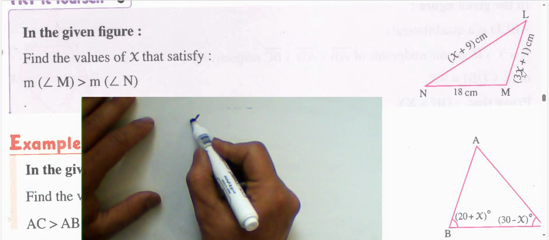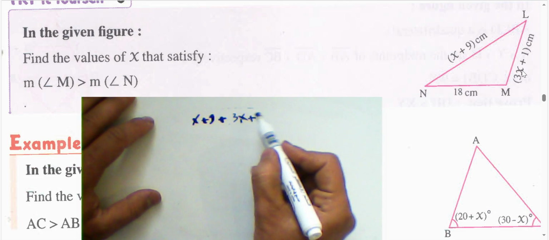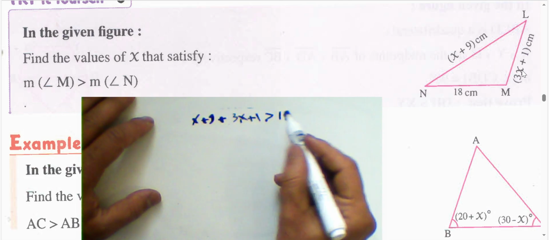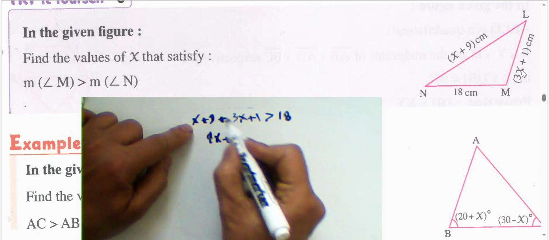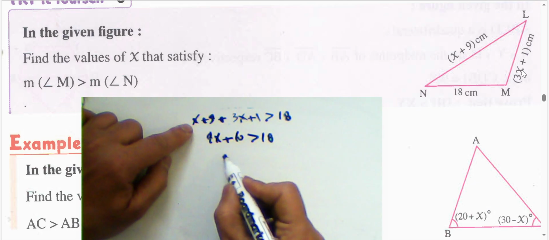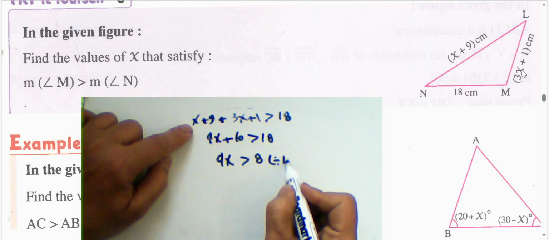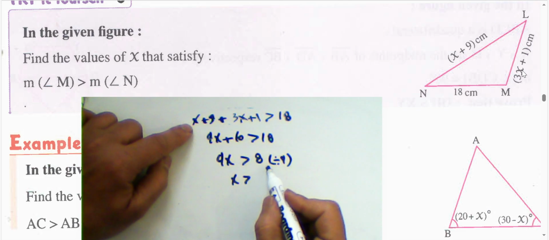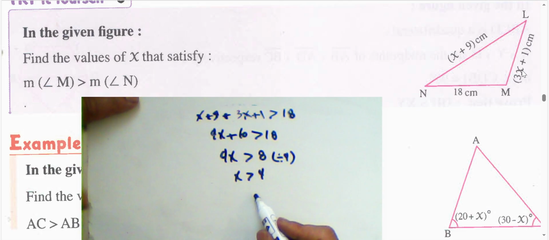Then x plus 9 plus 3x plus 1 must be greater than the third, which is 18. We simplify: x plus 3x is 4x, and 9 plus 1 is 10, so 4x plus 10 is greater than 18, and 4x is greater than 18 minus 10, which is 8. Divided by 4, x is greater than 2.